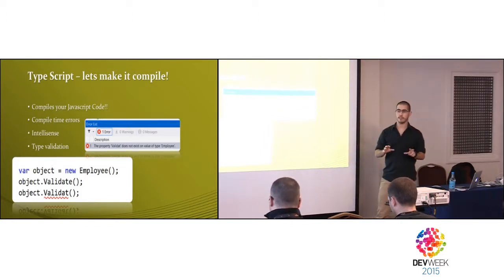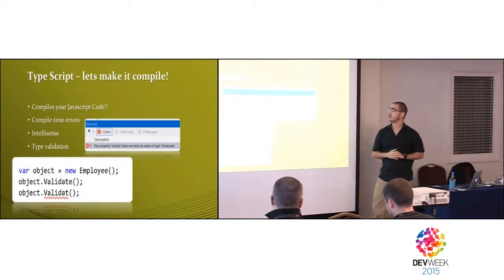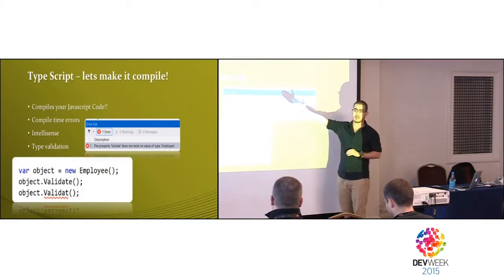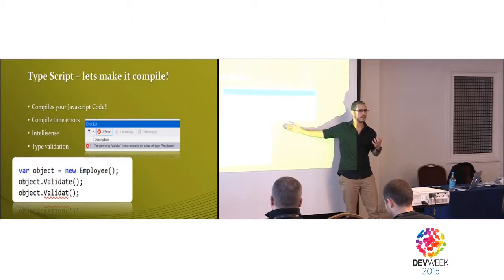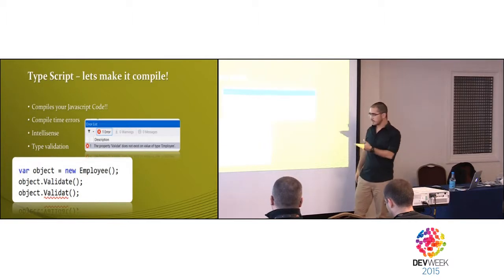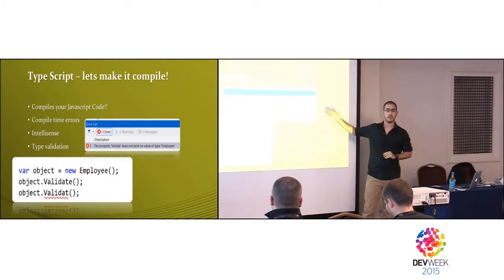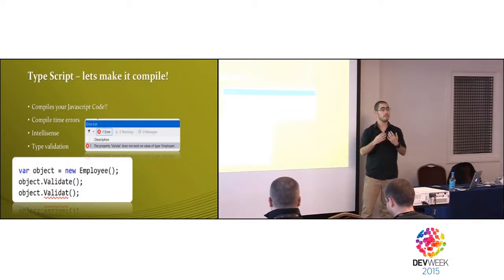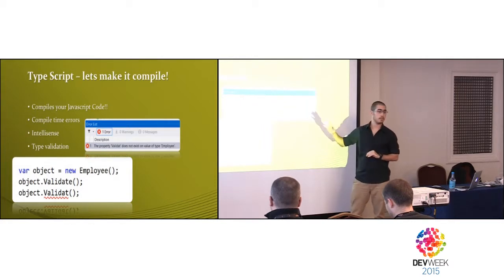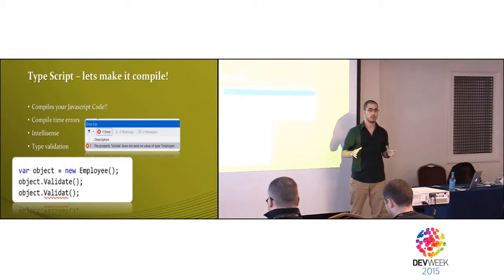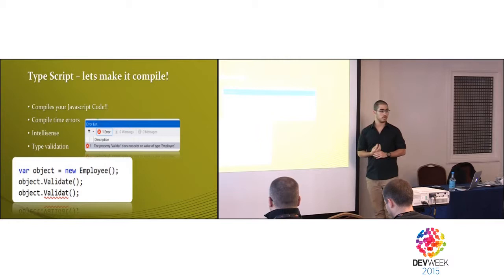And this compiling phase gives us a lot of things. It gives us compile-time errors. You can see here I took an employee object, an actual class, and I called the validate method but misspelled it. I can see that the compiler is saying this is not valid, you cannot run this. So if I am merging this code, I would immediately see that I did some sort of wrong merge. And this is very important for us.